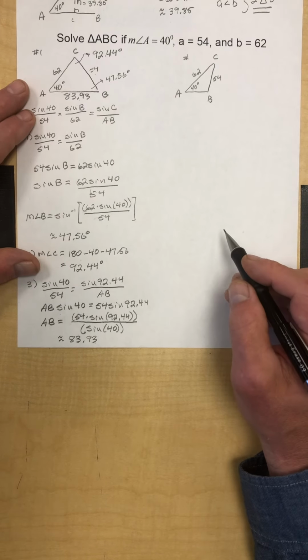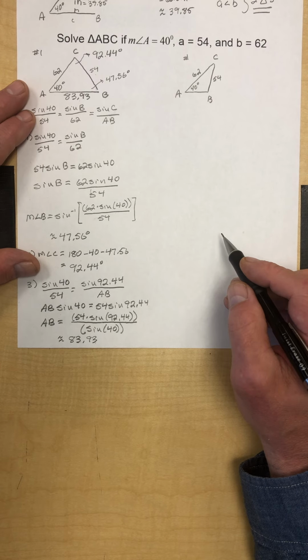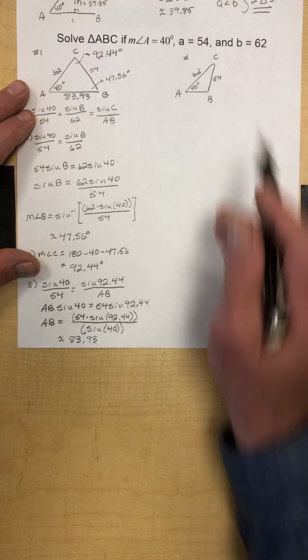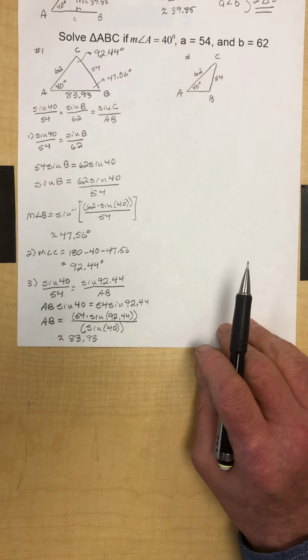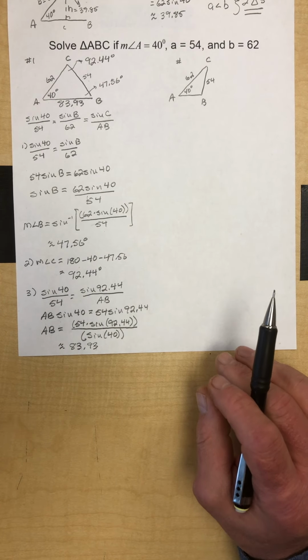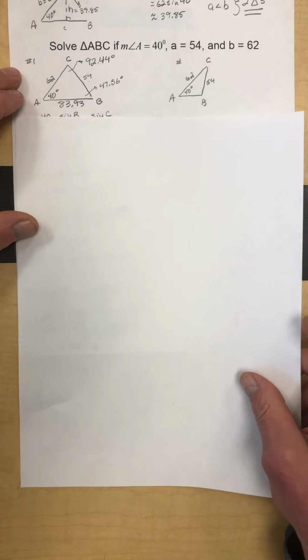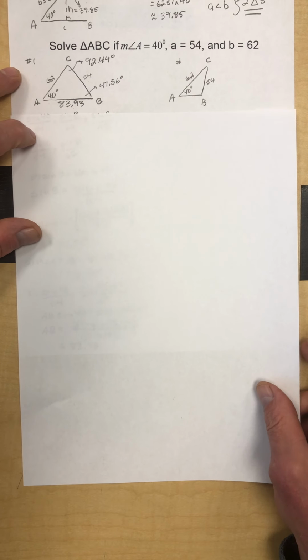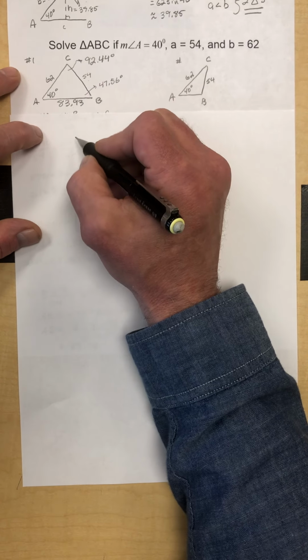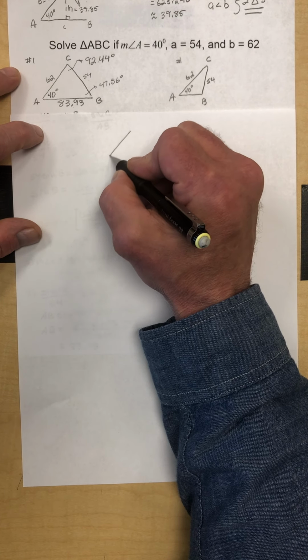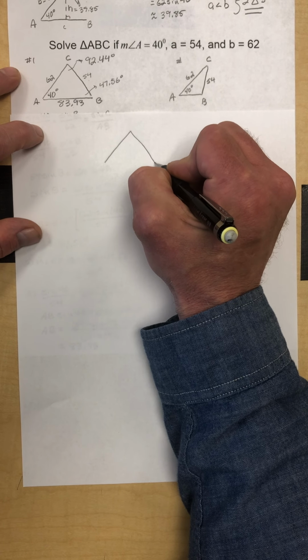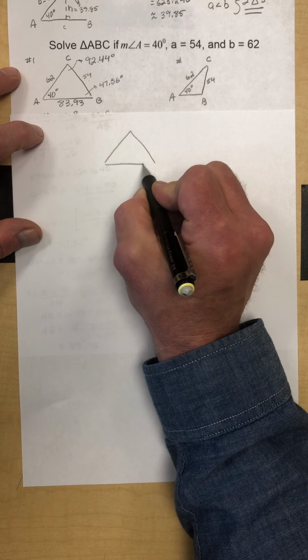All right, now let's take a look here. How do we get over to here? Let me bring a piece of paper over here and go back to this original triangle that we were just working with.